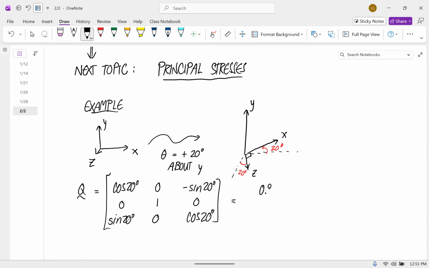And so that's 0.940, 0, negative 0.342, 0, 1, 0, positive 0.342, 0, 0.940.